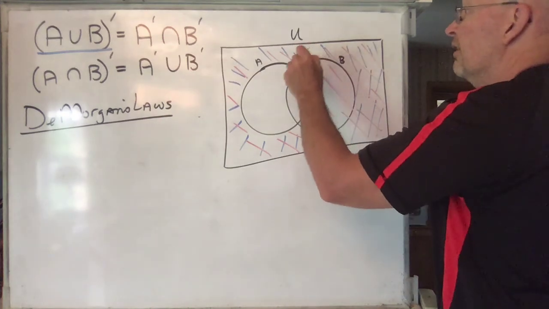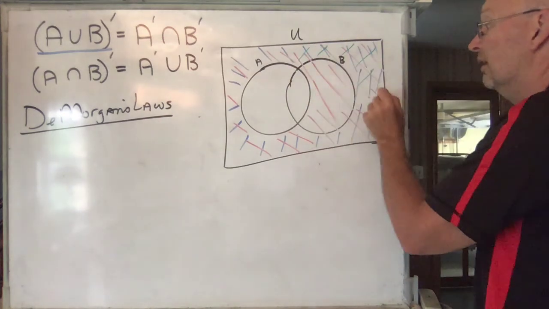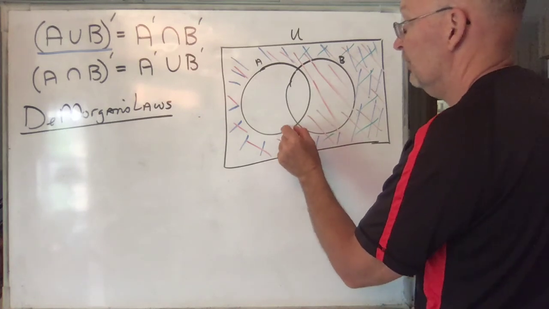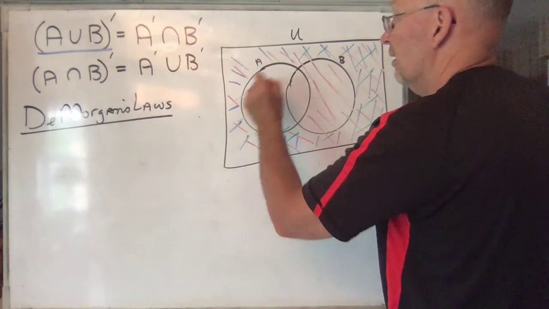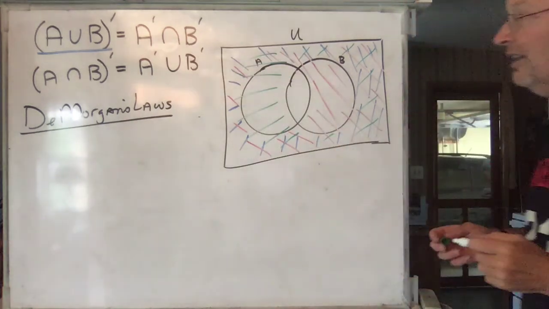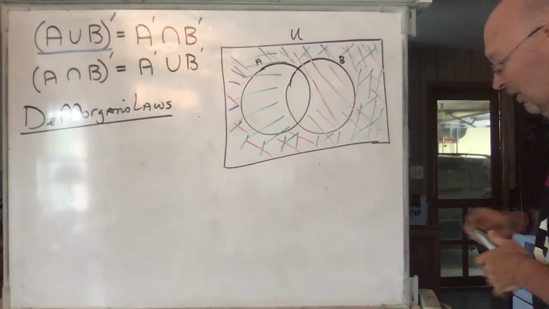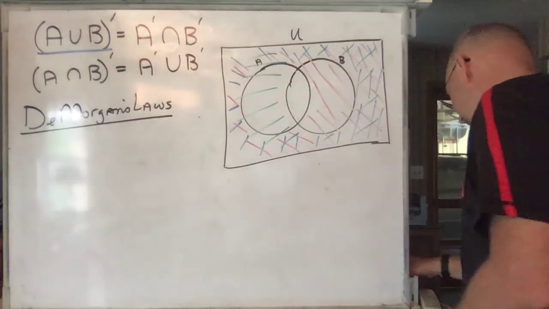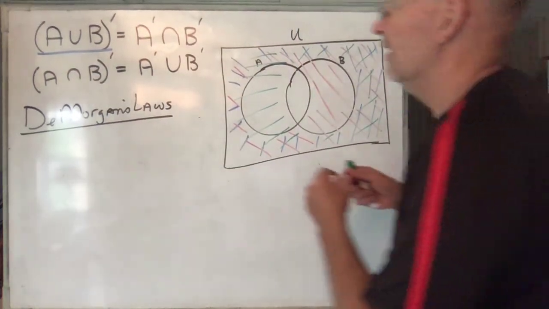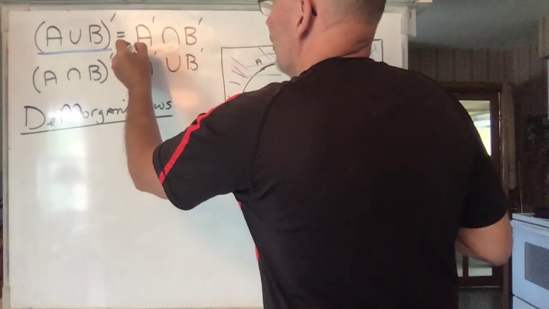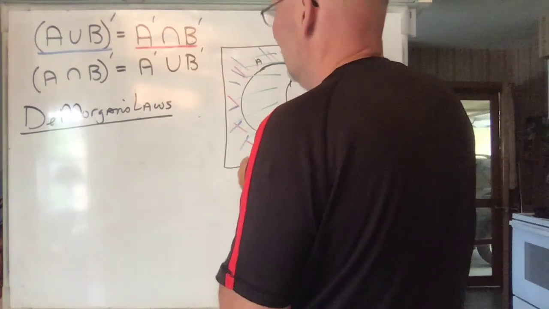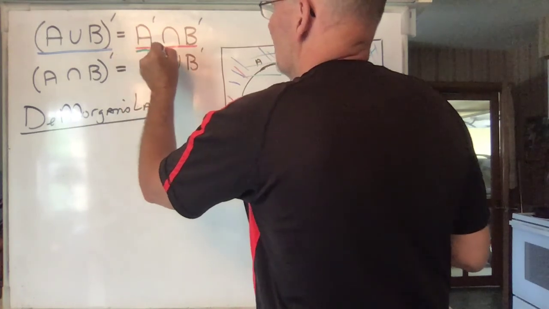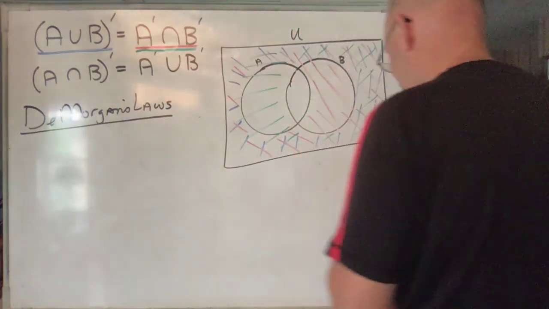I'll use a green marker here. Not in B. Okay, there you go. So what does this say? So this thing here is red and green together. It's the intersection of red and green. In fact, let me do it like this.